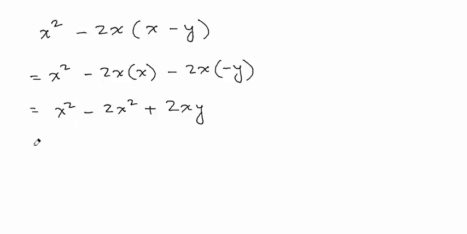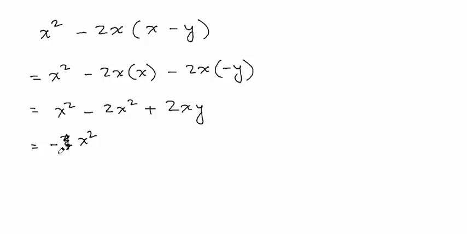Combine the like terms. x squared and negative 2x squared are the two like terms. Imagine you have a 1 here, which you actually do. The coefficient of this x squared is 1. So 1 minus 2 is negative 1. So we have negative 1 x squared. You can get rid of this 1. It's not required. 1 times x squared is the same as x squared.